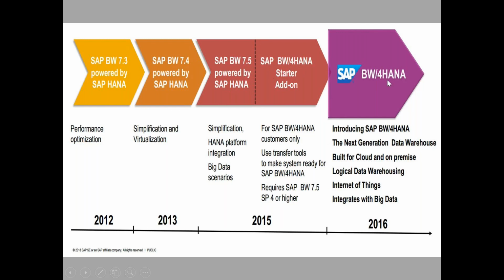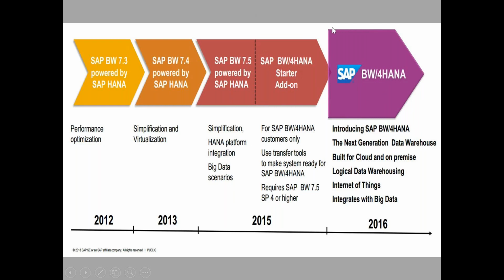What I told you is that 7.5 maintains the old objects and new objects. Let's say, for example, we have an info cube in 7.5. When you migrate with the help of the starter add-on pack into BW4HANA, the info cube is automatically converted into the advanced DSO. If it is a DSO, it automatically converts into the advanced DSO.